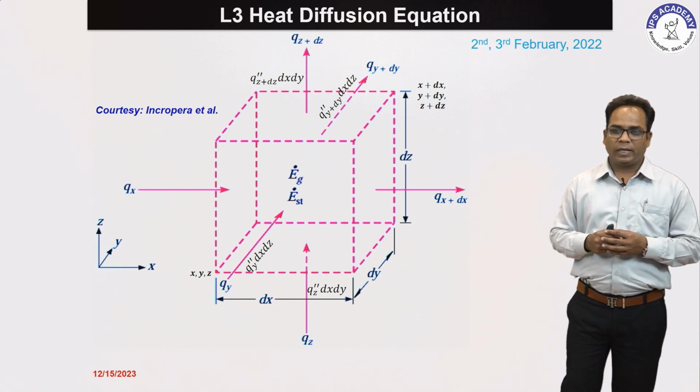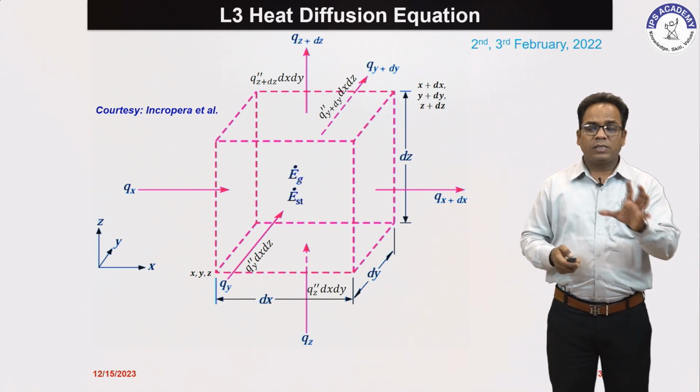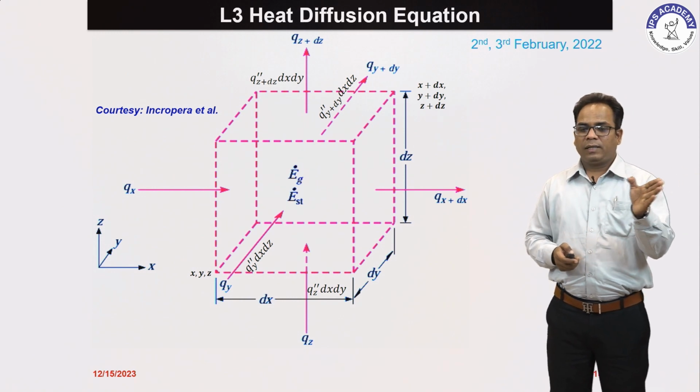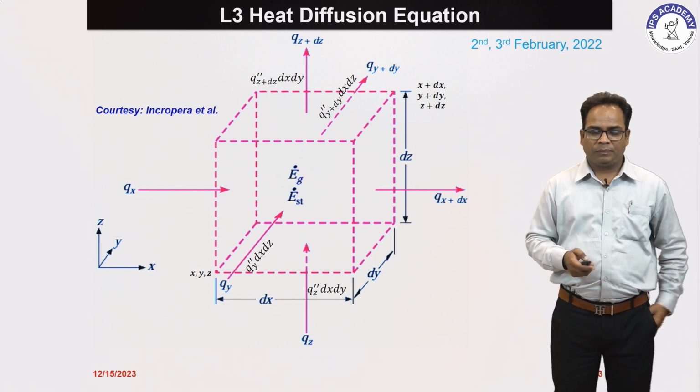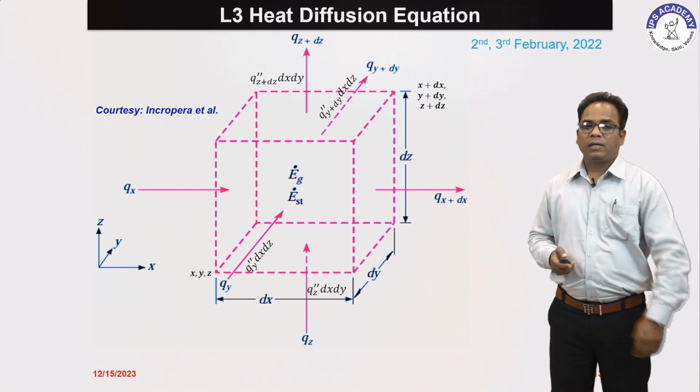We have the cube. Okay, so in this cube, and across this cube we have to apply the law of conservation of energy, or we have to quantify the amount of heat which is getting transferred across this control volume.